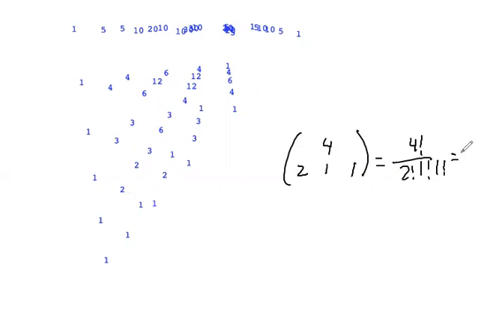So that's going to look like 4, and then the x is 2, the y is 1, so that'll force the last entry to be 1, since these add up to 4. So 4, choose 2, 1, 1, and that's 4 factorial divided by 2 factorial, 1 factorial, 1 factorial, which ends up being 4 times 3 times 2 divided by 2, so just 4 times 3, which is 12, exactly what we wanted.